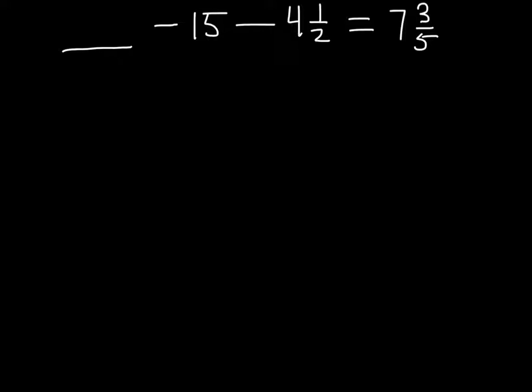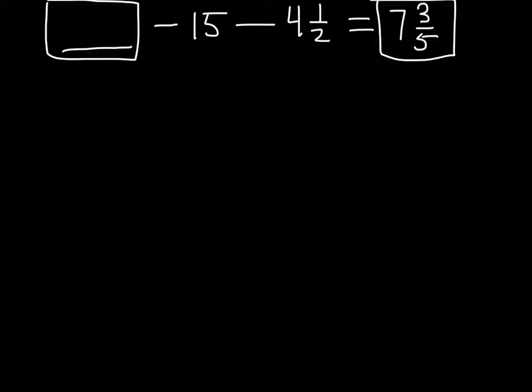But the thing is, I know the answer to my subtraction problem. That means that it's really not a subtraction problem, especially since this is the part that's missing. This is the whole. These are all the parts. The whole in a subtraction problem is that number that's up front. So this is an addition problem in disguise.